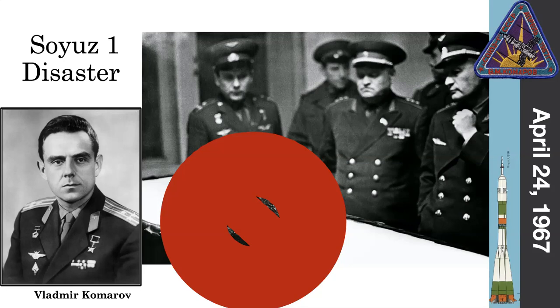He manages to leave space successfully and come back down to Earth, and then the parachute doesn't deploy, and he swears, and he demanded to be buried in an open coffin to show the Soviet government what they had done to him. It's weird for his wife to have seen, but whatever.